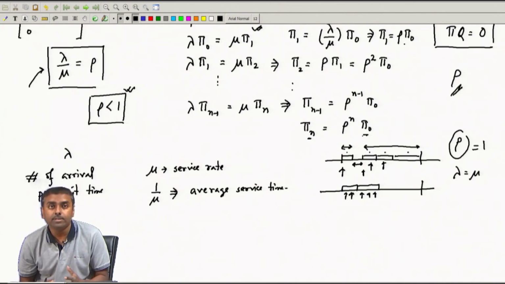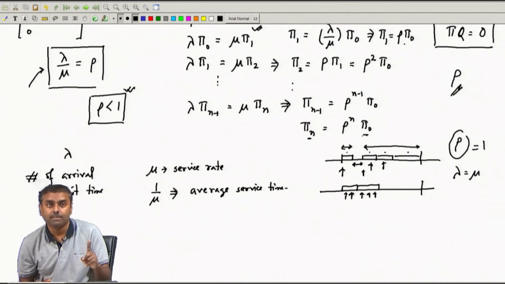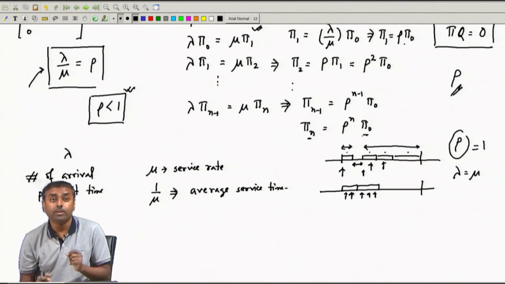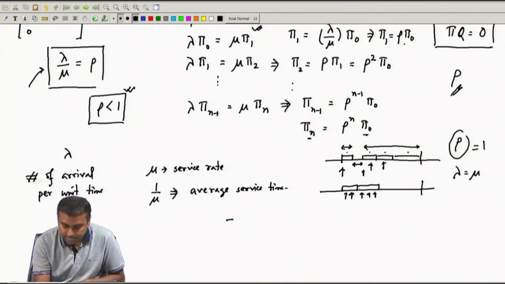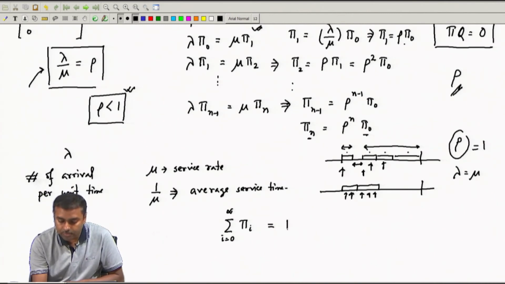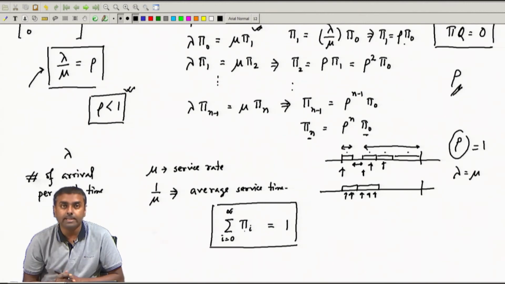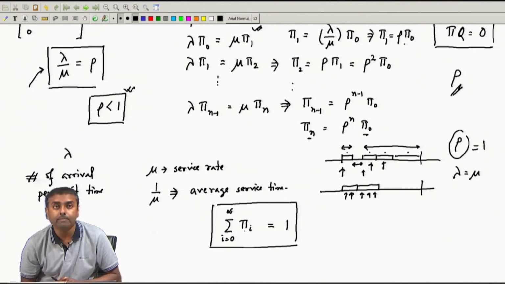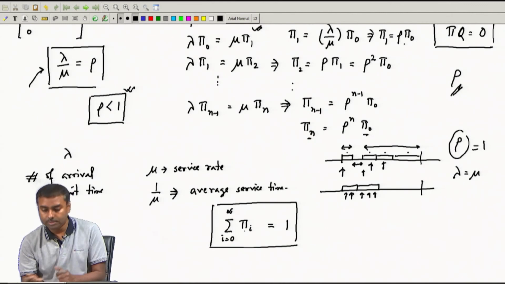How do I define pi 0 now? I have another equation left, the normalization equation. Summation of pi i going from 0 to infinity, because there are infinite states and the states start from 0, is equal to 1. If I put all those pi i over here, then I will probably get my pi 0 solution, because that is the only unknown which will be remaining.